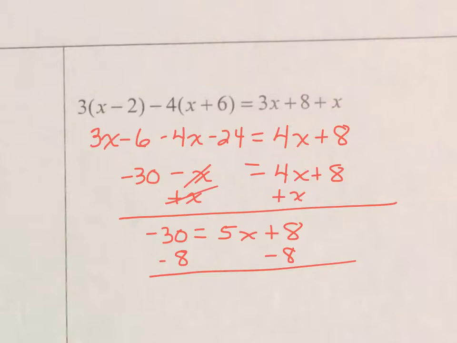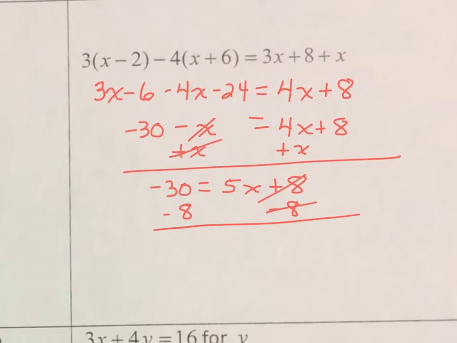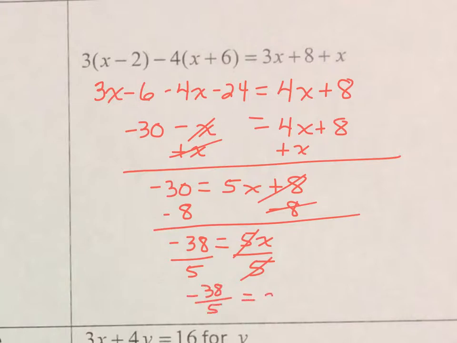Subtract 8 from both sides. Get those to cancel. And we'll have negative 38 equal to 5x. And divide by 5. Class, there's nothing wrong with an answer of x is equal to negative 38/5. Nothing wrong with that at all. So that's the way I'm going to leave this one.